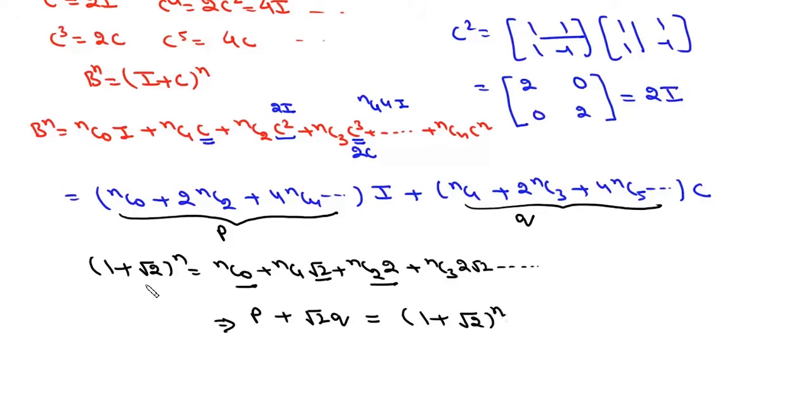And if we take 1 minus root 2, it will be alternate plus minus, then we'll get P minus root 2 Q, and it will be (1 minus root 2) to the power n.